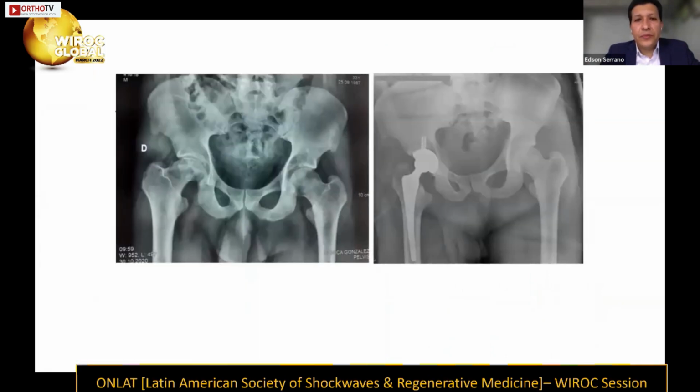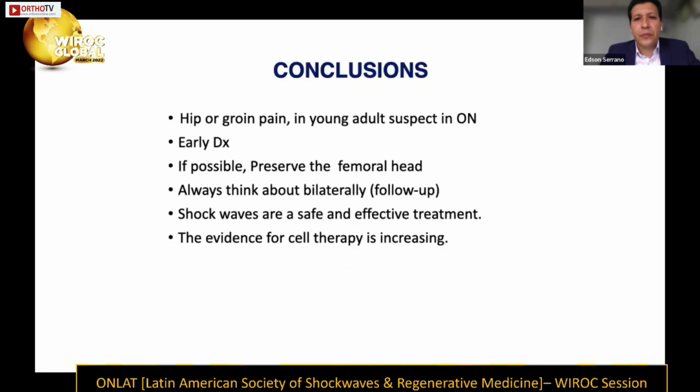This is the final result for this patient. In the right hip, he has a total hip replacement. In the left hip, we are delaying the total hip replacement, because he is a very young patient.